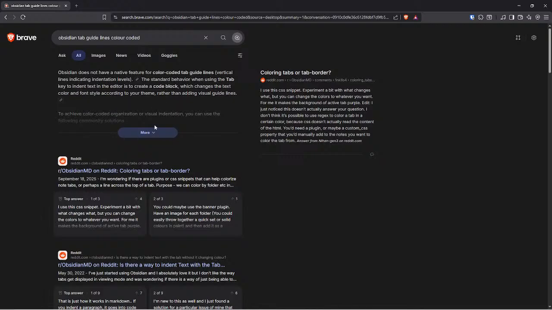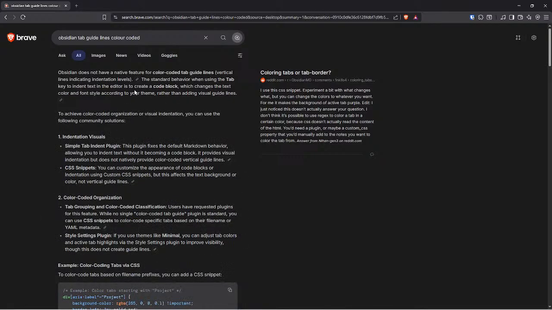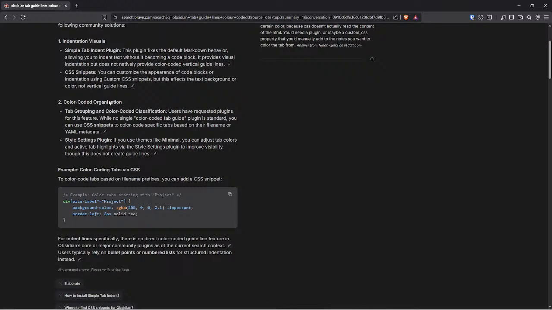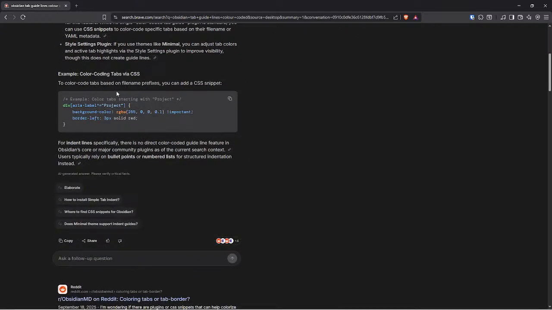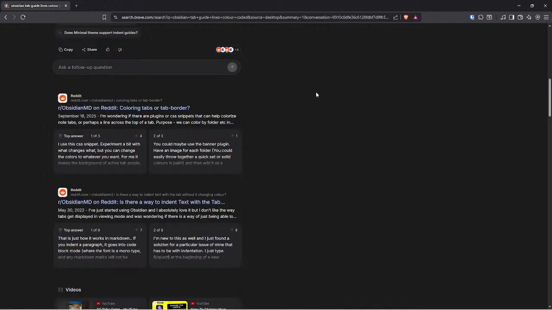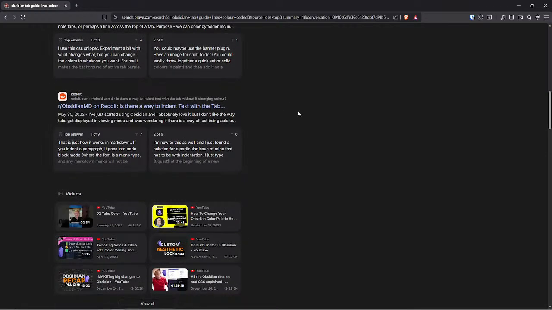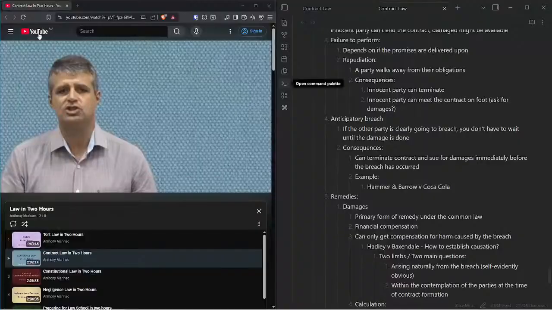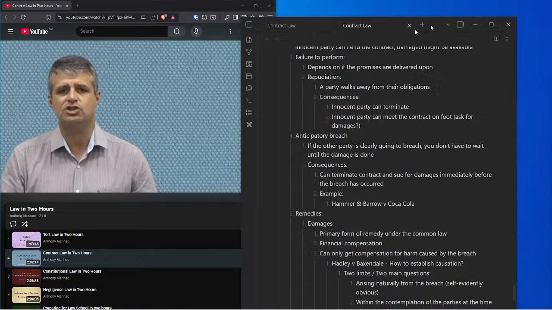Tab. Oh. Sad behavior when using the tab keys. Code block. Or I could have the color of the whole text change. That could be interesting. Hold on, let me have a look.